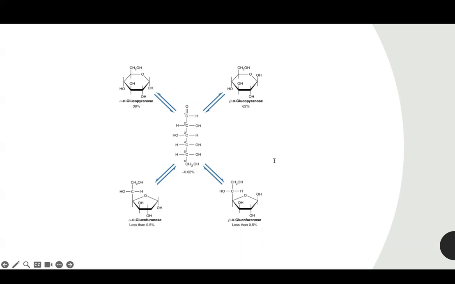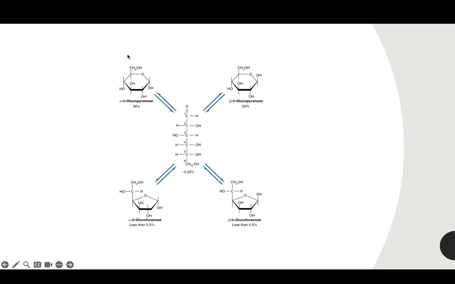And then one last important thing to know about these carbohydrates is that the anomeric carbon, the carbon that carries the carbonyl group, if it is not participating in a glycosidic bond or does not carry any other substituents or bonds, and has a free OH group right here, then it is a reducing sugar.